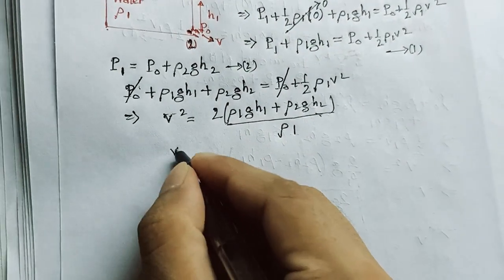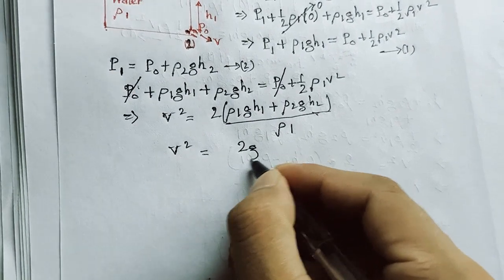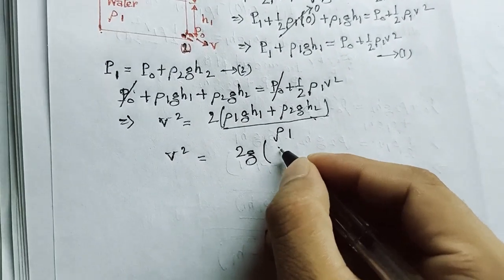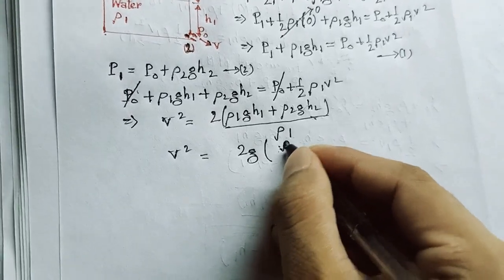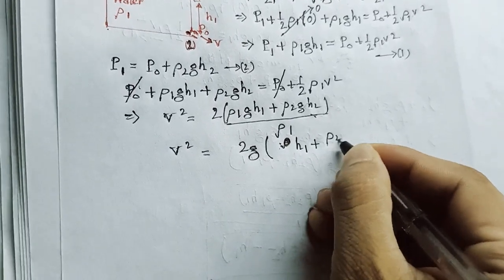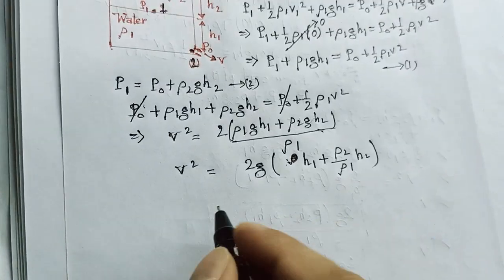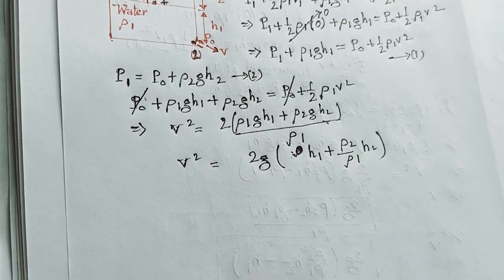Taking 2g common, the term becomes rho 1 divided by rho 1, that means 1, into h1 plus rho 2 divided by rho 1 into h2. So this is the value for v square.